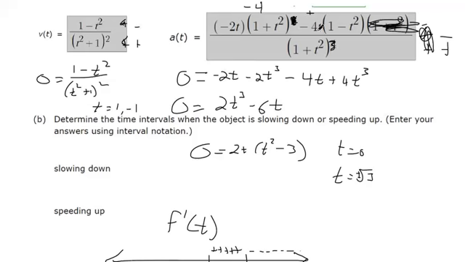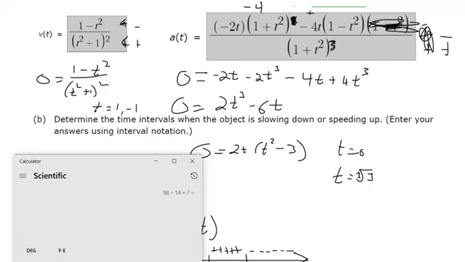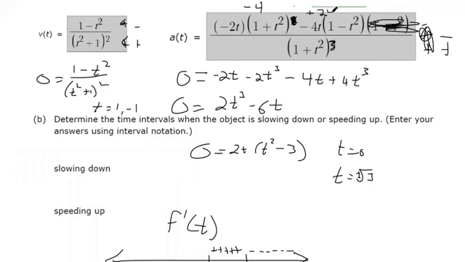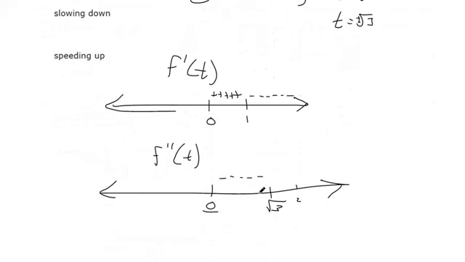Negative 3 times negative 4 times 2 is positive 24, right? Because a negative times a negative makes a positive. And then if we plug in 2 over here, that's 5. That's negative. So it's going to be positive up top. So we just found out everything to the right is going to be positive.